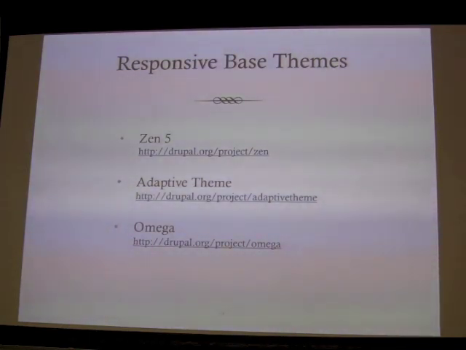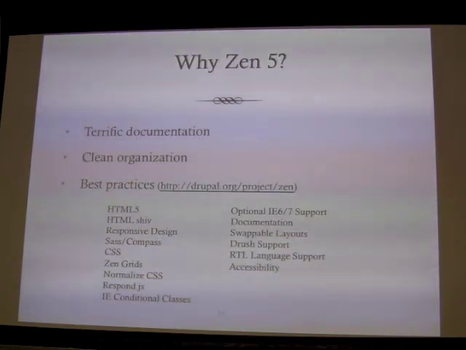I've heard a lot of great things about Adaptive Theme as well. It's well documented, and there are a lot of sub-themes, but I have chosen Zen 5 for a number of reasons. One, I've used Zen since I started looking at Drupal theming back in Drupal 5, and I've always been impressed with it. Number one, it has terrific documentation.